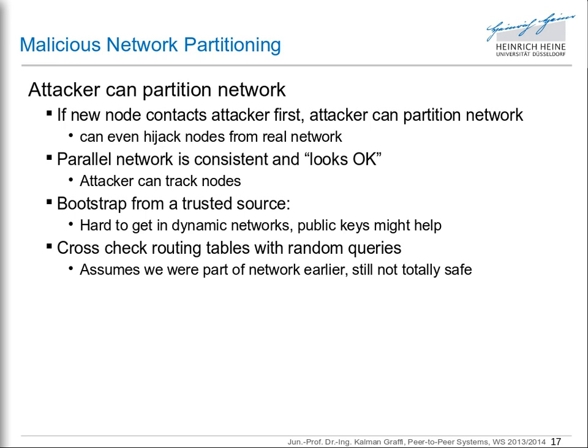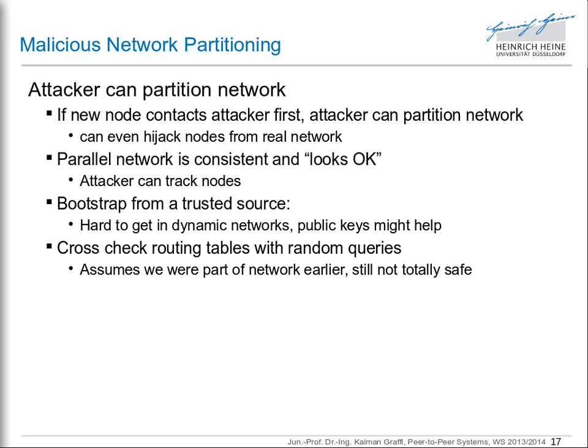This malicious node could say, okay, here we have a chord ring, and you can join this chord ring. It says, join this overlay. There are currently only you and me, and for the honest node, this seems okay. So this is the idea.